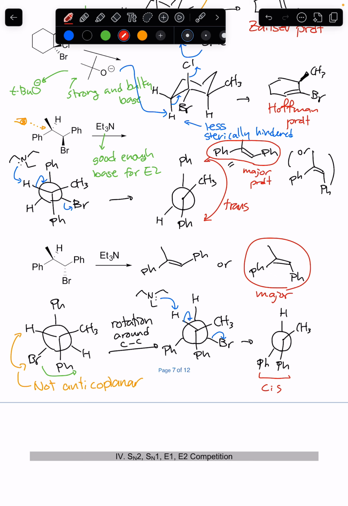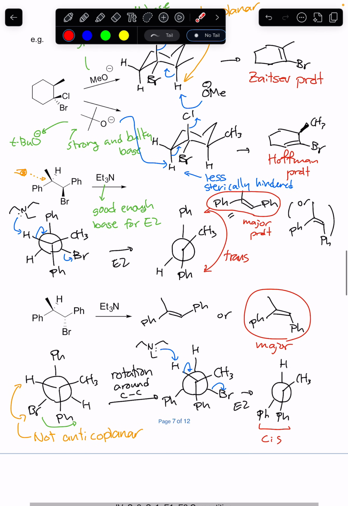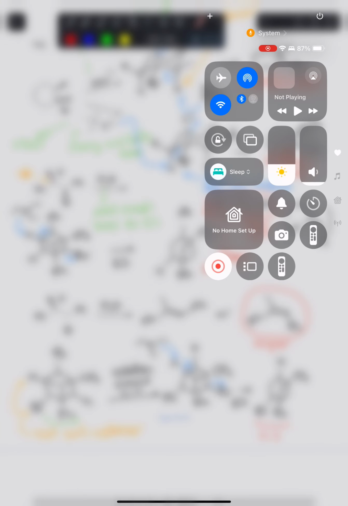The key idea is when the E2 reaction happens, here's the E2, the proton on the leaving group has to be anti-coplanar, and that's the conformation that gives you the product, and the product stereochemistry is sort of determined by that, right? So with this isomer, that's your major product. With this isomer, that's your major product from that E2 requirement. So we'll pick up from here in class.